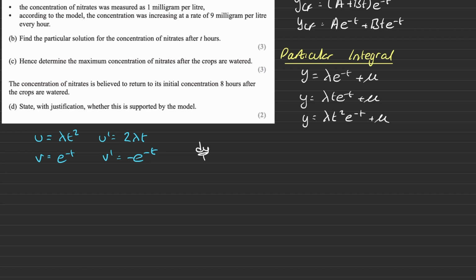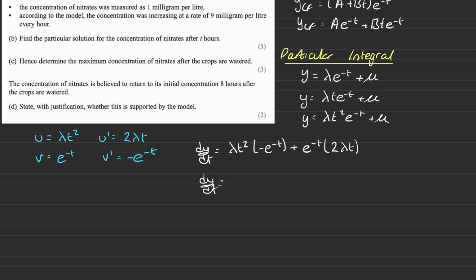So dy by dt will be the u term multiplied by the dv term plus the v term multiplied by du. Now I can tidy this up. We'll write this term first, followed by this one, so we don't start with a negative.